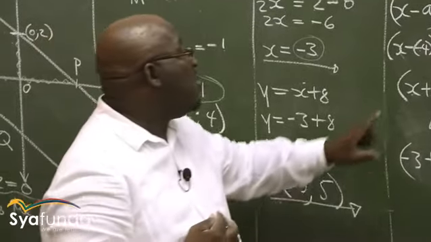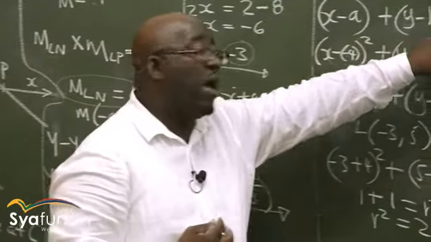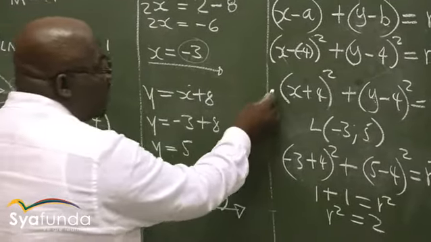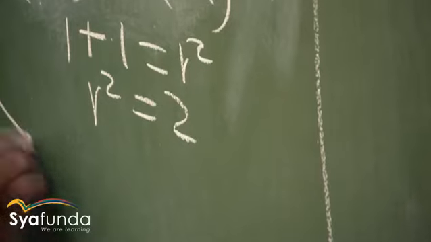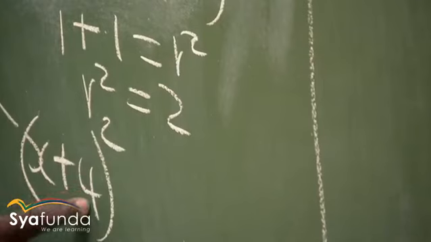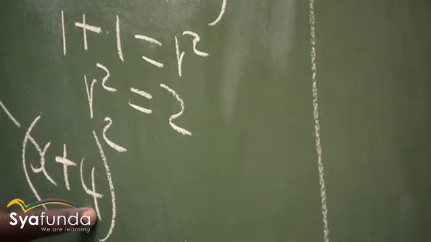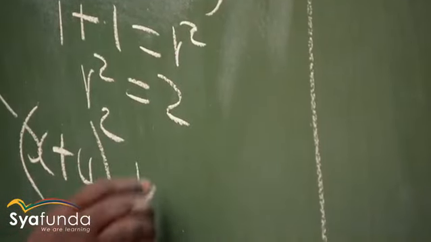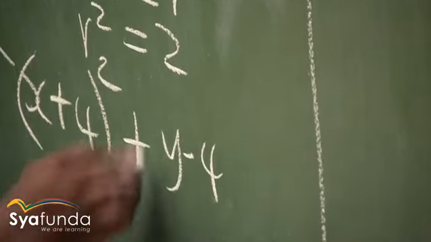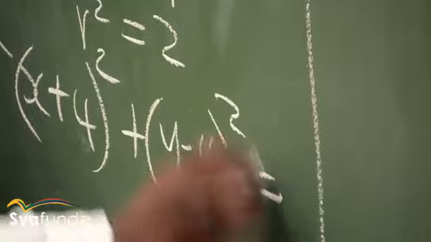Now let's say we have A, B, and r squared. Therefore we write the full equation as it is. We can take it from this point. It is x plus 4, all squared, plus 4 because A is negative, plus y minus 4, all squared, is equal to r squared.